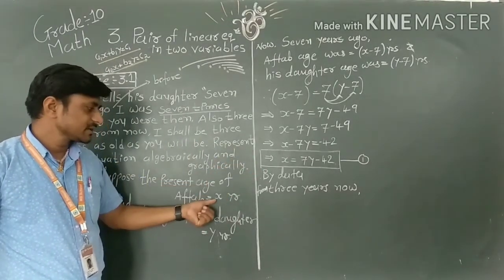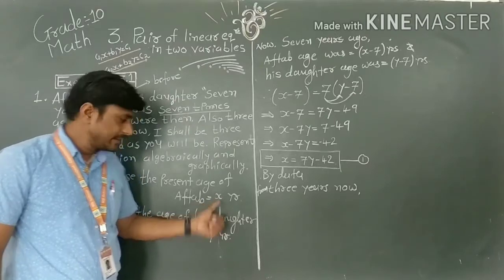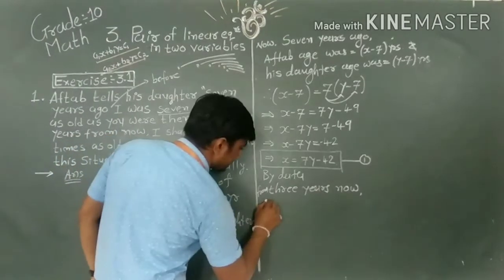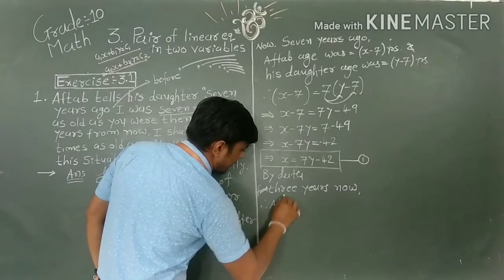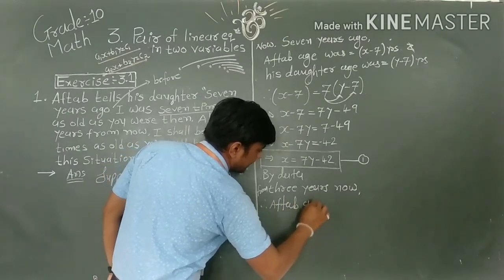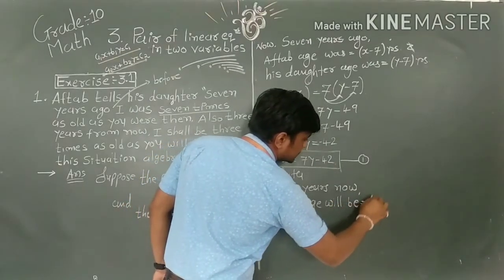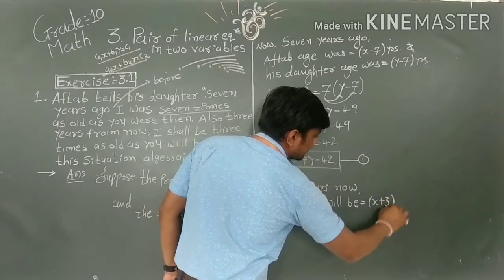After 3 years, it will be x plus 3, and his daughter will be y plus 3. Therefore I write, after 3 years, Aftab's age will be x plus 3 years.